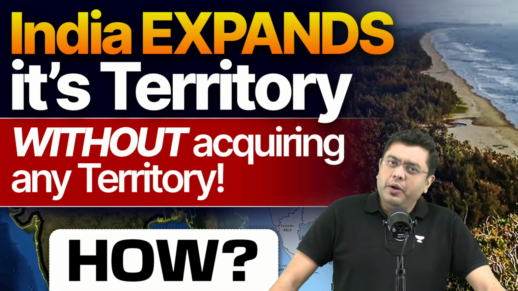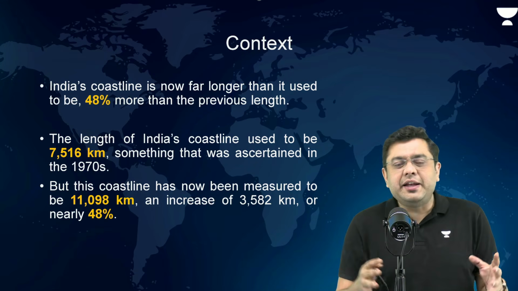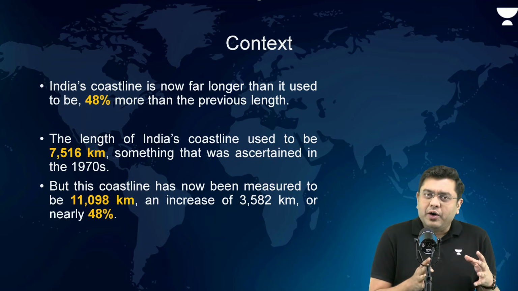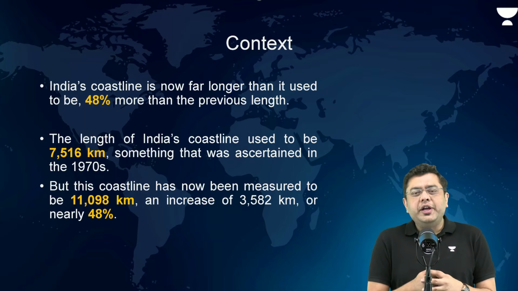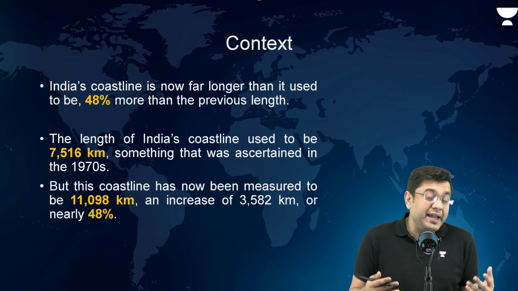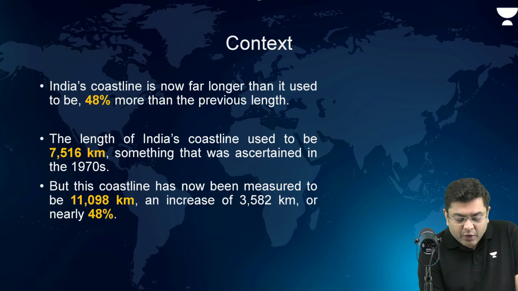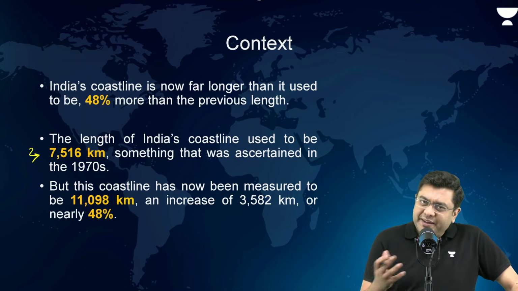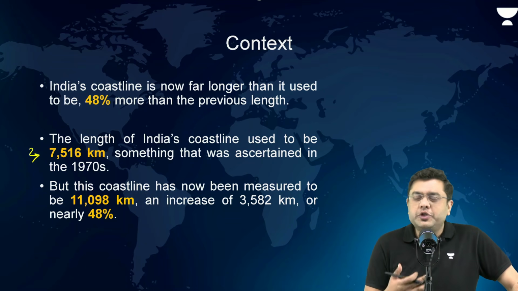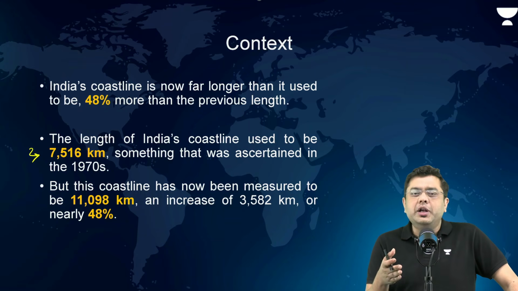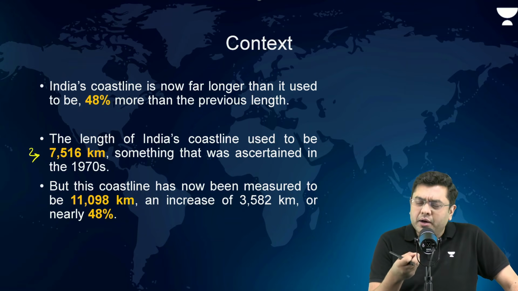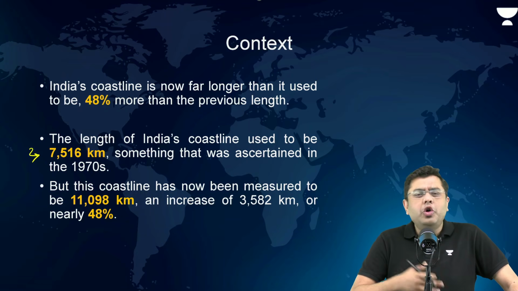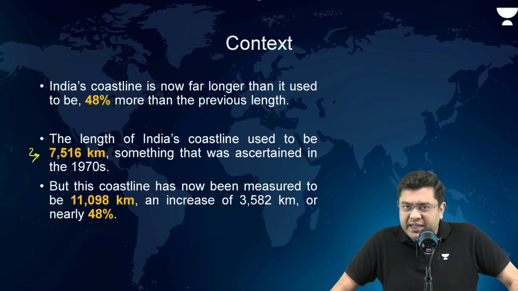So, first of all, let us understand the context in which we are having the discussion. As I told you, till now, our overall calculation indicated that the coastal length of India was around 7,516 kilometers. But this was based upon a very conventional method which included manual interventions, done almost in the era of the 1970s.